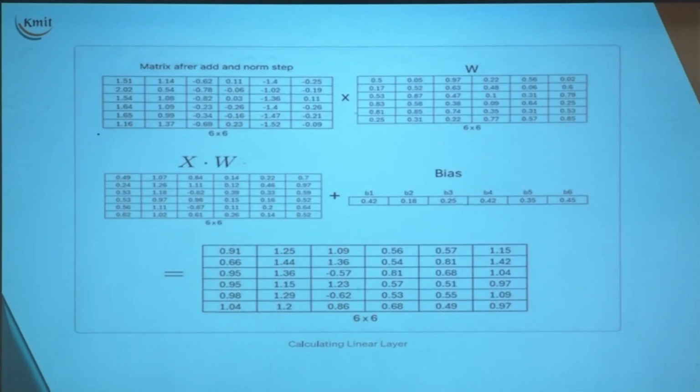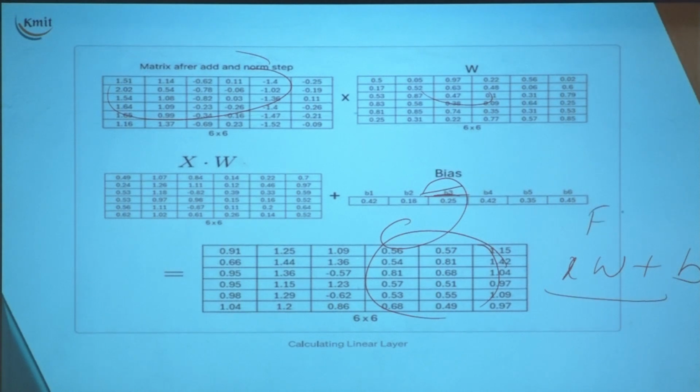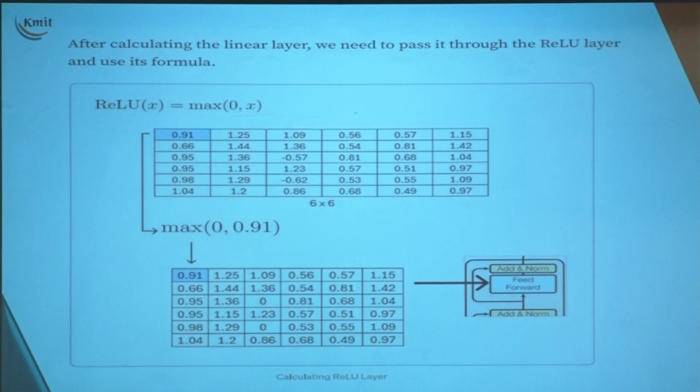Okay, look at this. Matrix after the add and norm step is multiplied with W, and added with what? Bias term. This is the final value. This is XW plus B. That is FC1, the first linear layer. What do I do after this? That linear layer is given to which function? ReLU function. So this is the output of FC1.